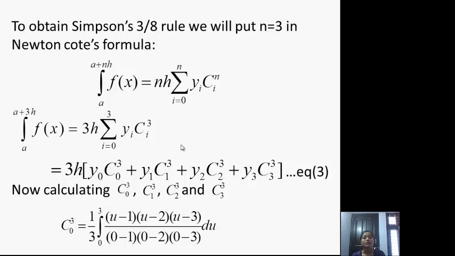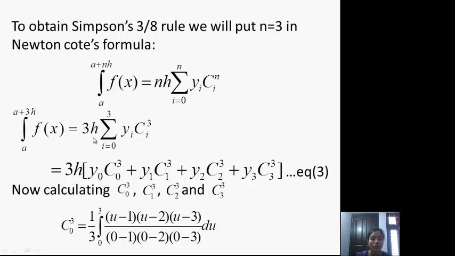Now for obtaining Simpson's 3 by 8 rule, we will put n equals 3 in the Newton-Cotes formula. Our Newton-Cotes formula is the integral from a to a plus nh of f(x) equals nh summation i equals 0 to n of y_i C_i^n. So now we substitute the value of n equals 3 here.